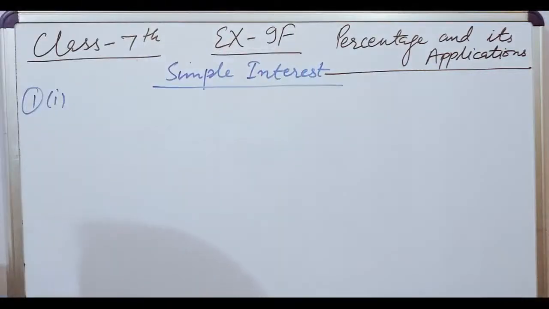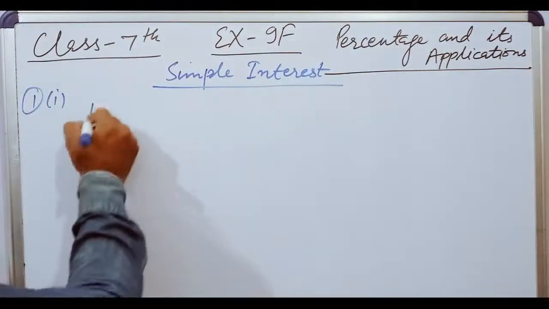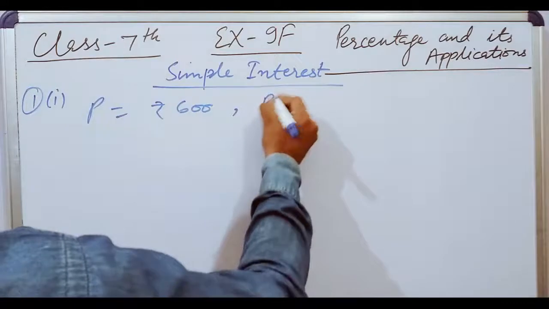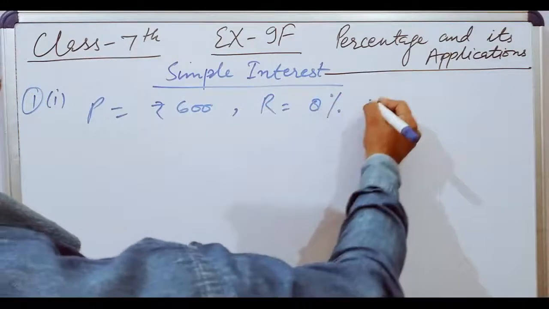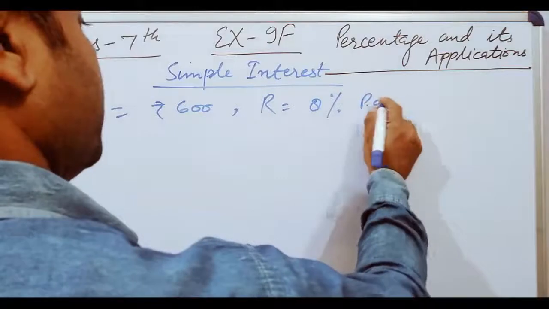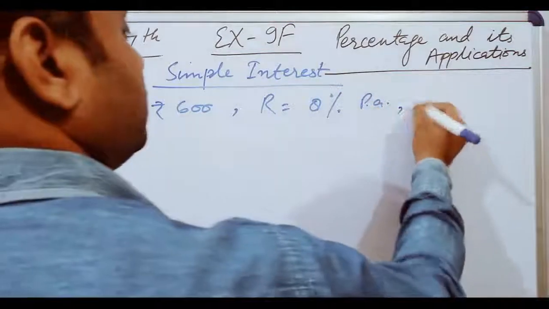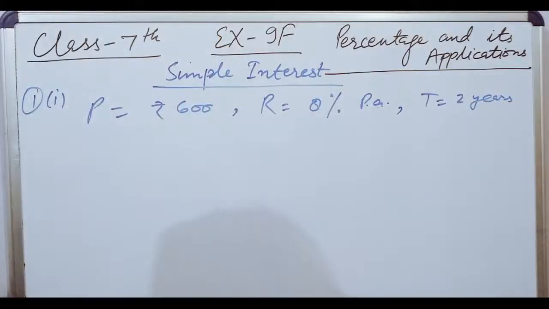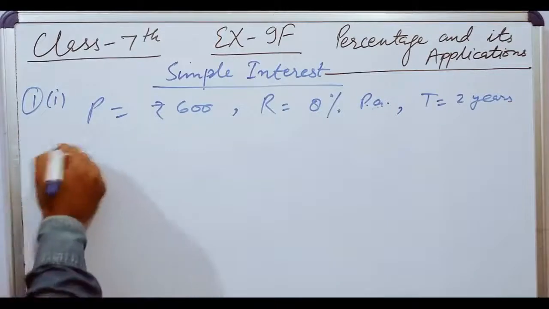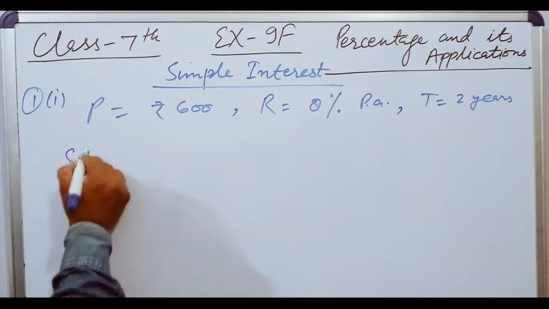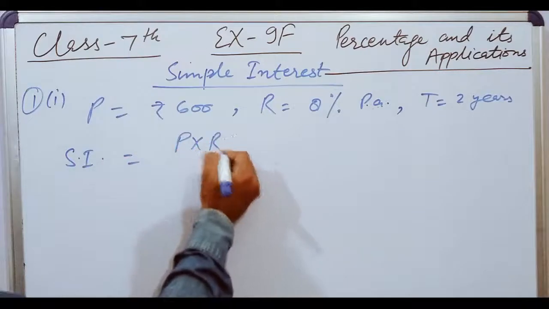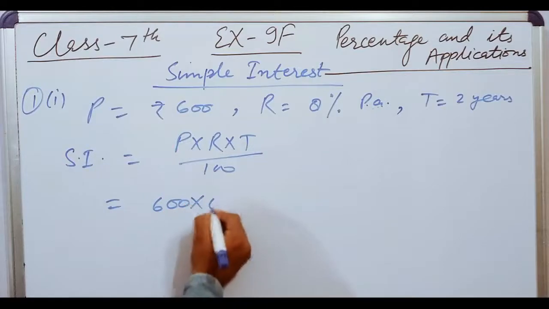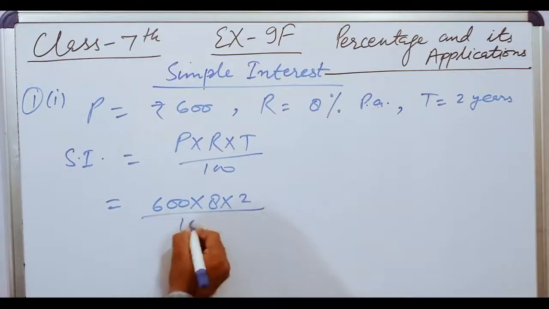Question 1, first part: find the simple interest and amount when principal is rupees 600, rate is 8% per annum, and time is 2 years. Per annum means per year, yearly. Simple interest equals principal into rate into time upon 100, that is 600 into 8 into 2 upon 100.